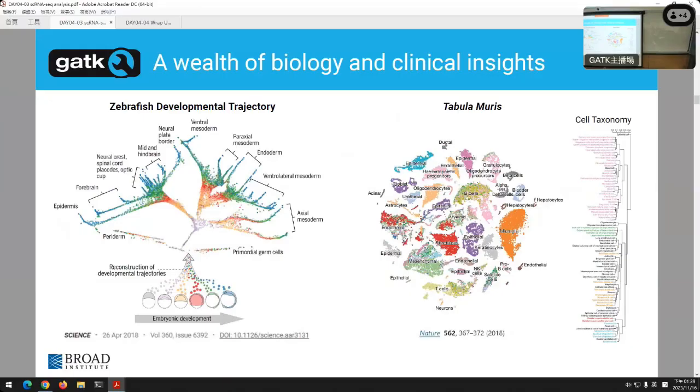Now the plot on the right is just an adult mouse. The reason you don't have the same tree structure is because this is not growing. It's all stable. It's all one mouse. The colors there show different clusters, grouped by cells that express similar genes, and now they're colored by the type of cell they are.